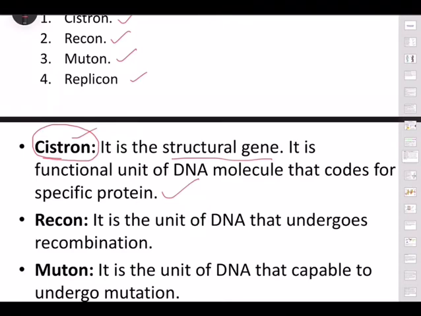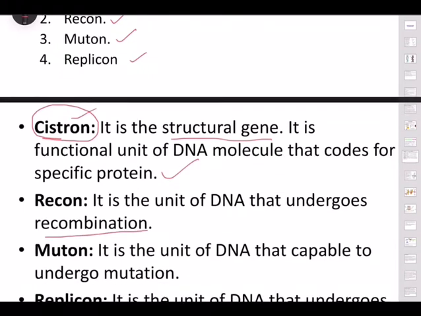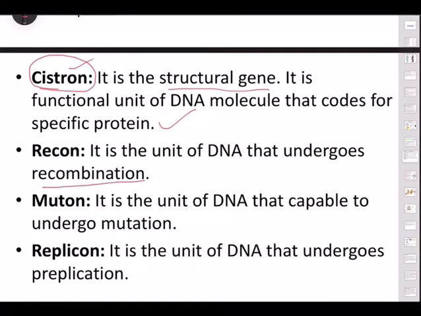What about recon? It is the unit of DNA that undergoes recombination. That's why recon, recombination. What about muton? As the name suggests, it is related to mutation. Mutation is a sudden change. It is a unit of DNA that is capable of undergoing sudden changes. And again, this gives a clue: replicon, replication. It is a unit of DNA that undergoes replication.